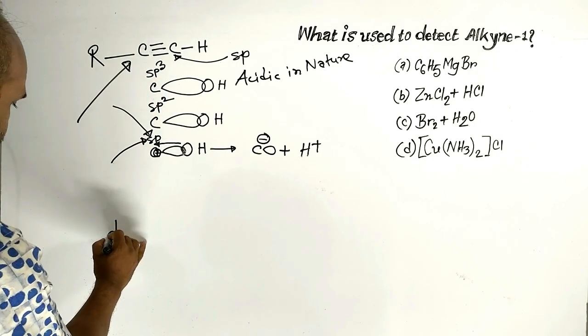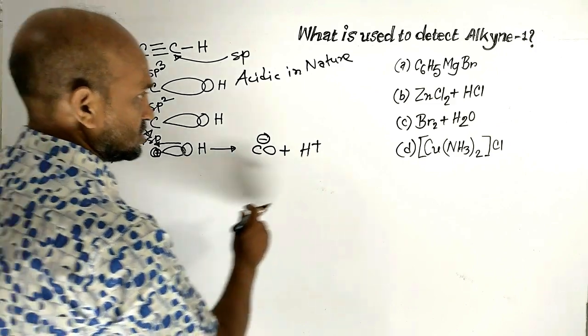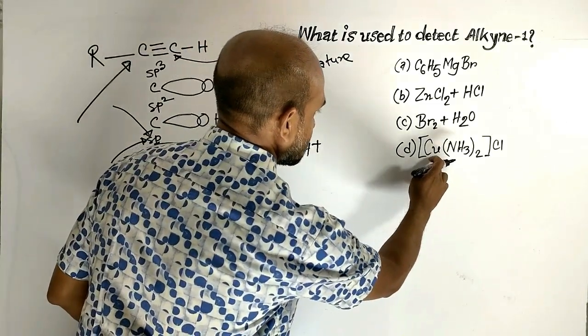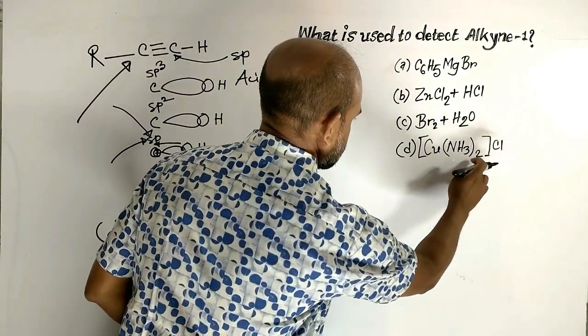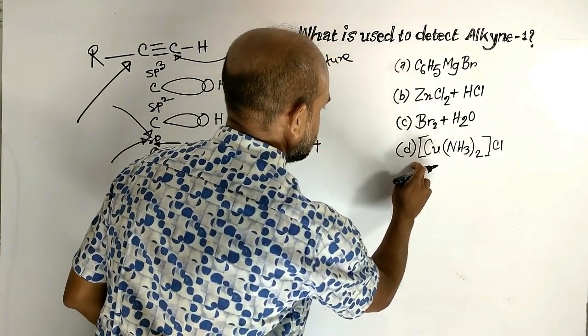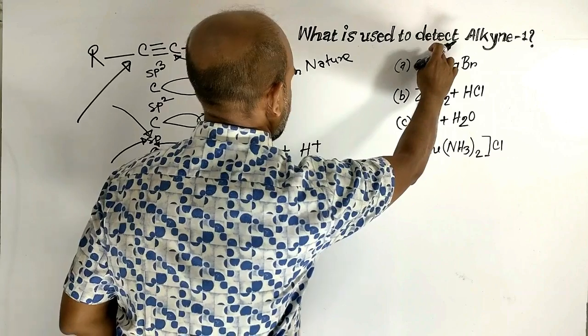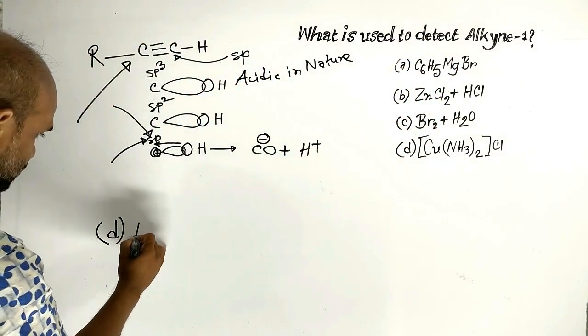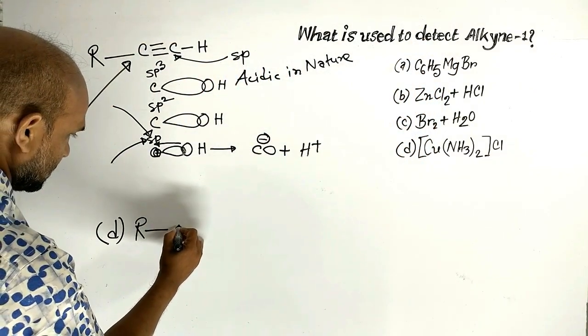Then D, that is ammoniacal cuprous chloride, diamino copper 1 chloride. This is used to detect Alkyne-1. Let us consider this is Alkyne-1.